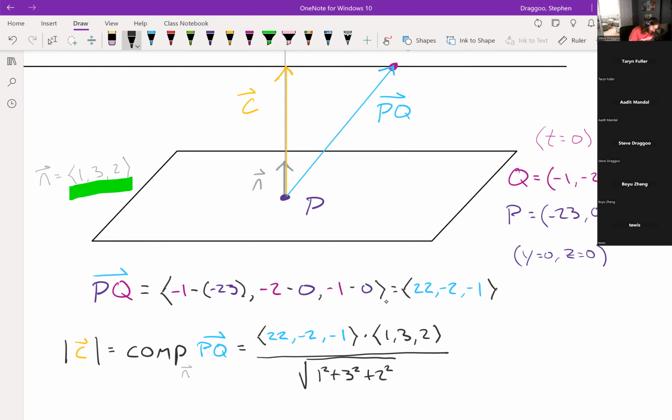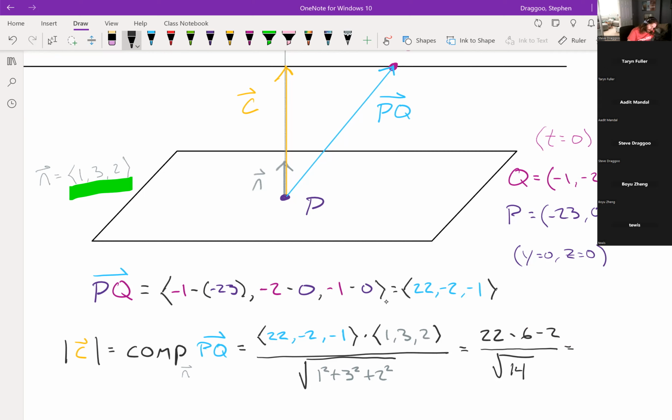And we can get a collection of numbers there. Across the top, 22 times 1 is 22. -2 times 3 is -6. -1 times 2 is -2. Divided by the square root of 1 plus 9 plus 4, which is 14.